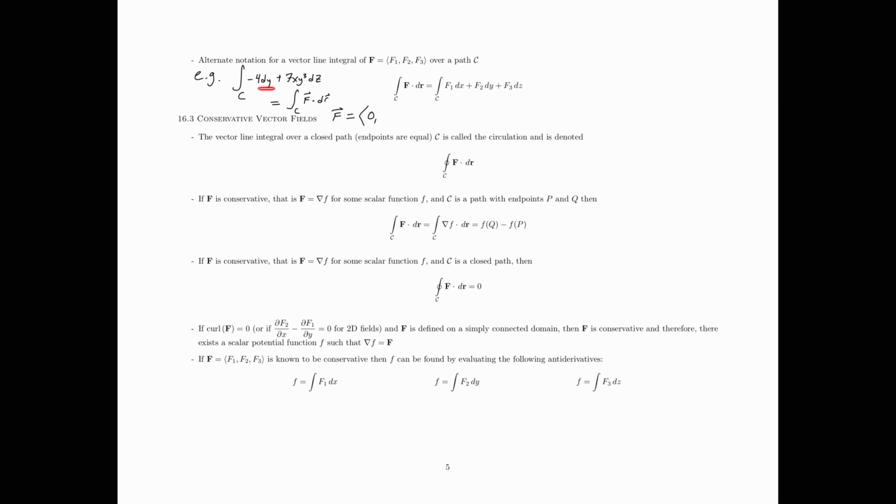The y component, dy, is negative 4. And whatever's in front of the dz, that's our z component, so 7xy cubed. That is our vector field. So just be aware of this difference in notation. It can definitely cause people to stumble.